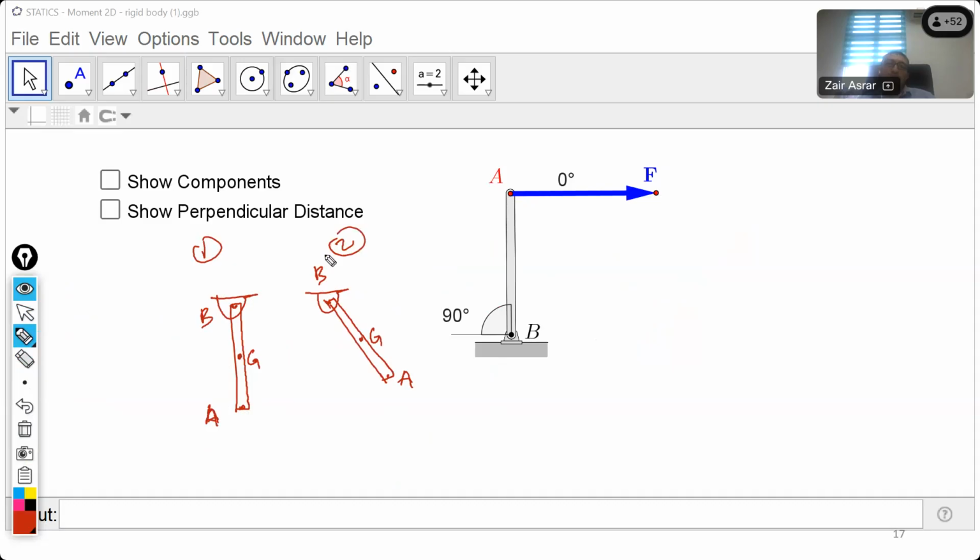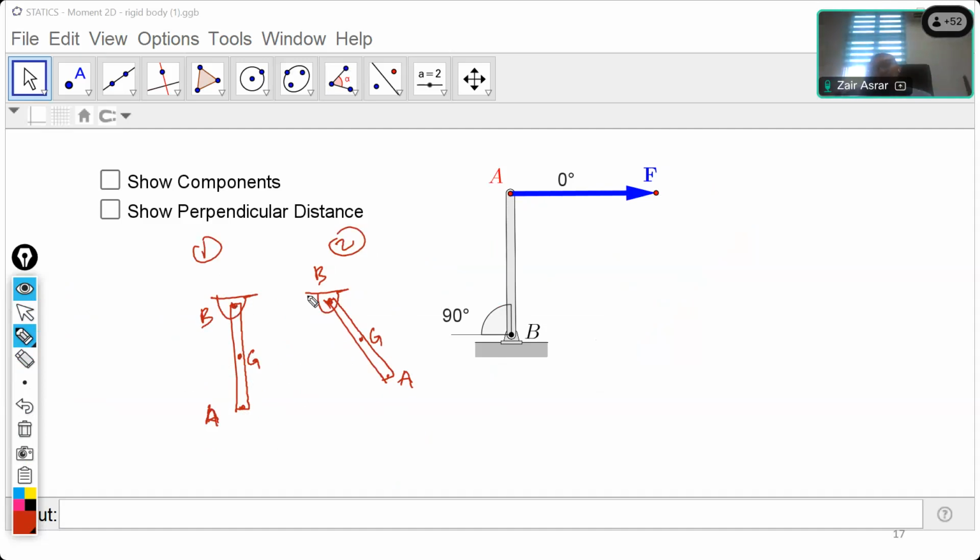Using your engineering judgment between these two, which case is the case whereby the bar will be in equilibrium, meaning it's not moving at all? 1. At point B, we have a pin joint. Basically, it allows for rotational motion.